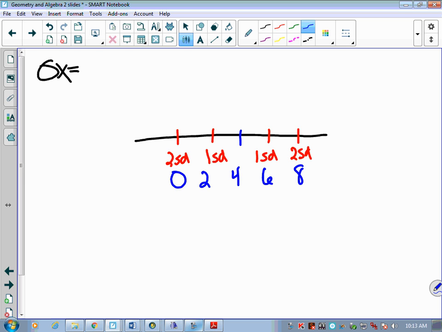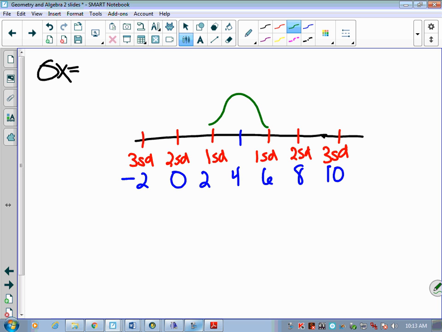So if I keep going, three standard deviations to the right is 10, and three standard deviations to the left is -2.